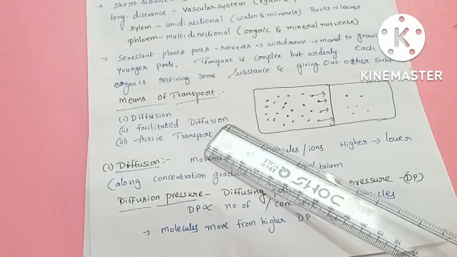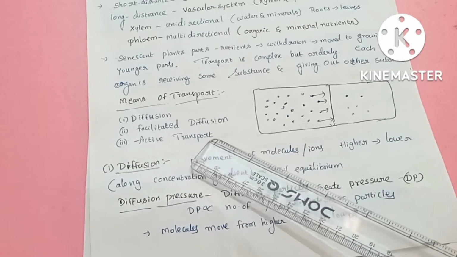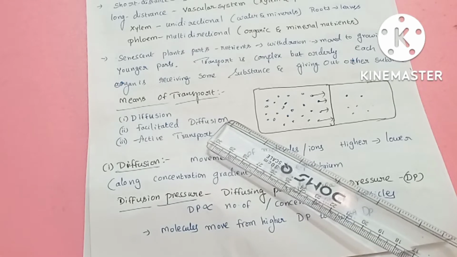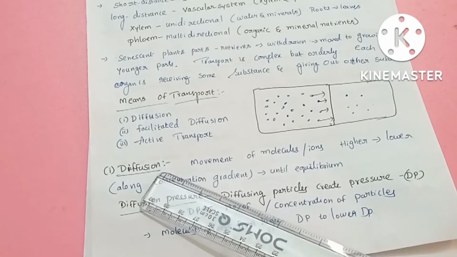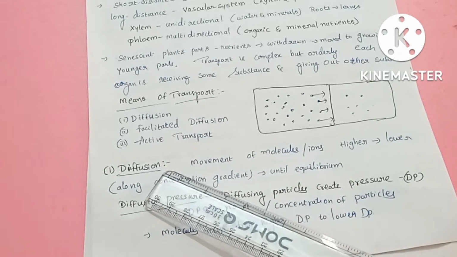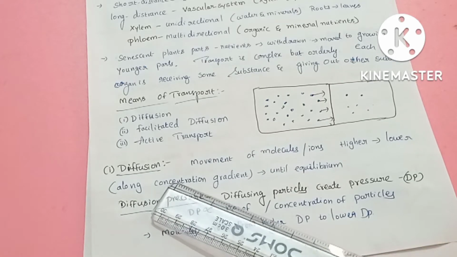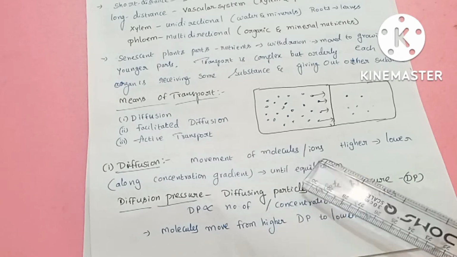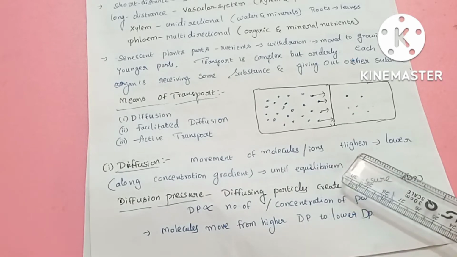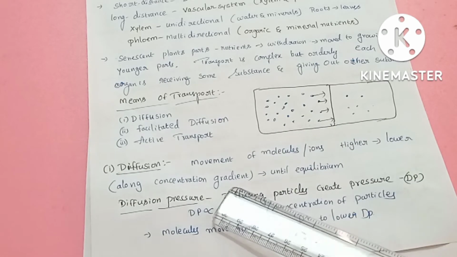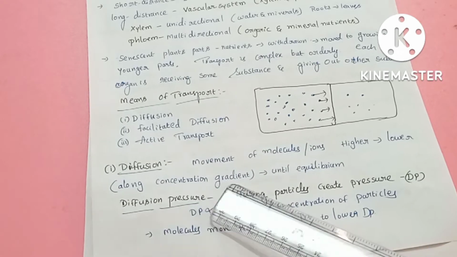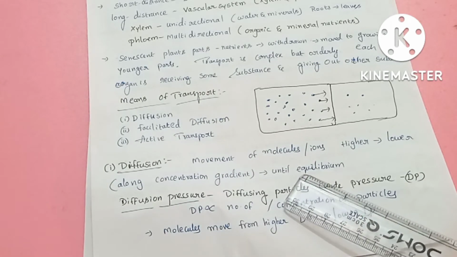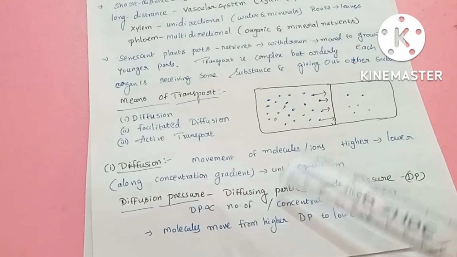Diffusion, facilitated diffusion and active transport all come under short distance transport. The first one is diffusion. What is meant by diffusion? The movement of molecules or ions from the region of higher concentration to the region of lower concentration along the concentration gradient until they reach equilibrium is called diffusion.